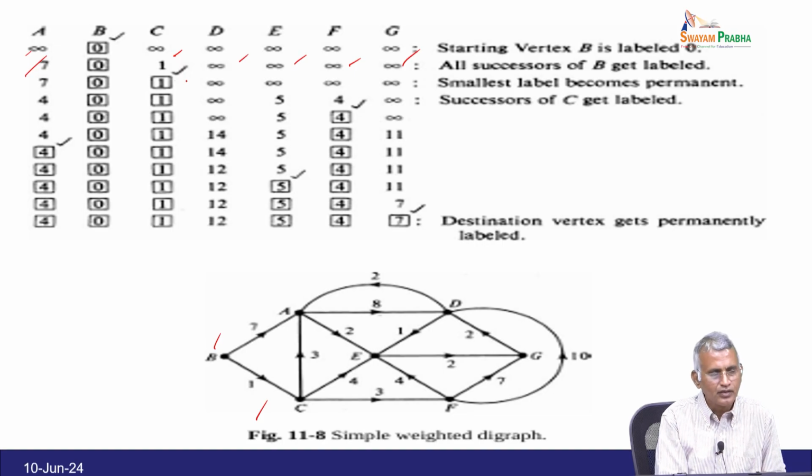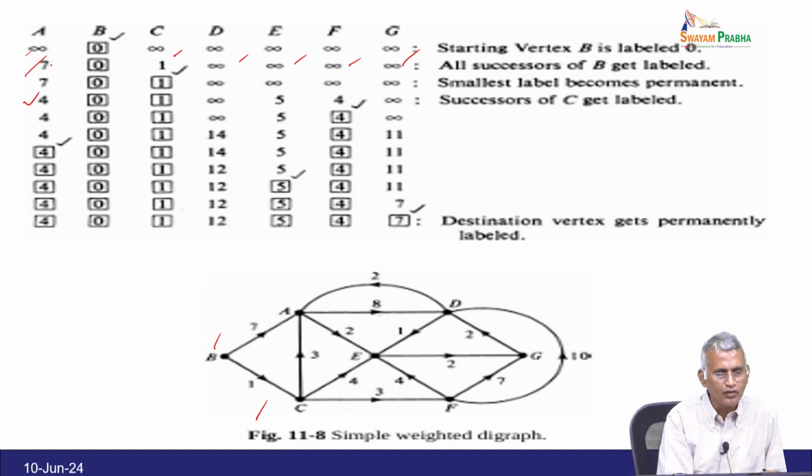Next you take C, connected with C to A. C to A is there, and then we take the minimum of the old one, 7, and the old one plus dij. So 1 plus 3 is 4, therefore it becomes 4.